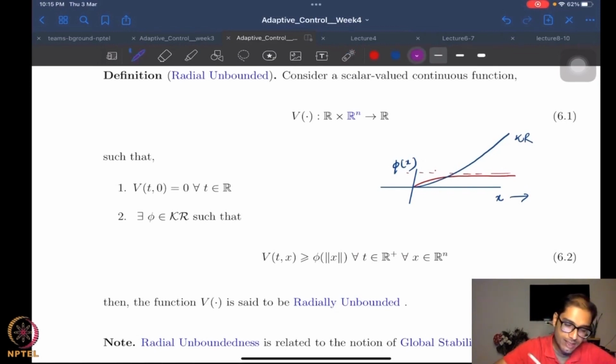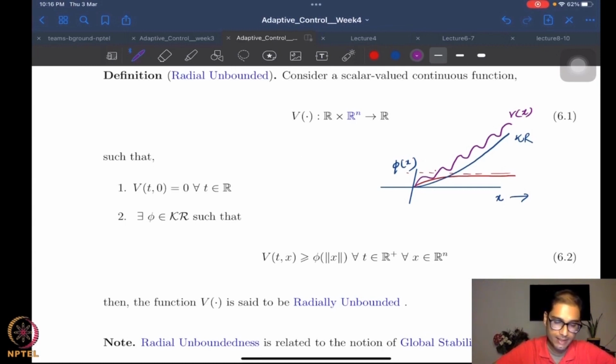However, this still does not require that my function V be increasing or anything. It can be oscillating like this as long as it is bounded above your class KR function, you are fine.